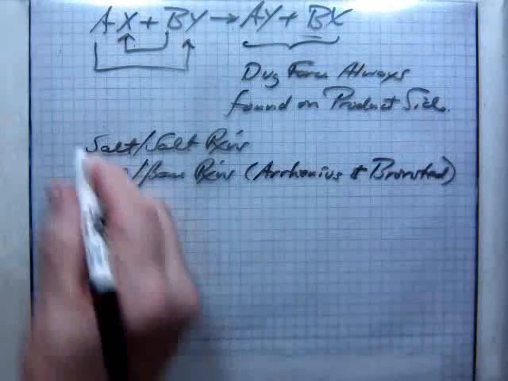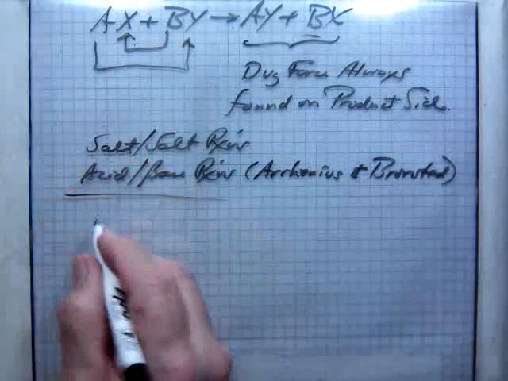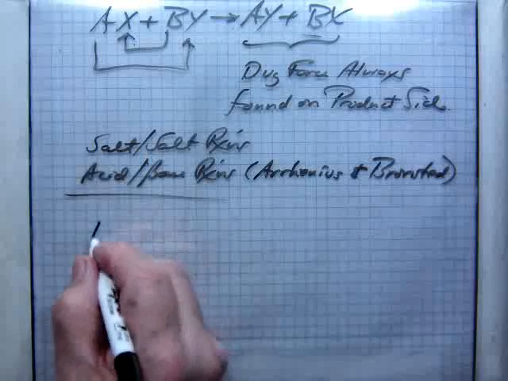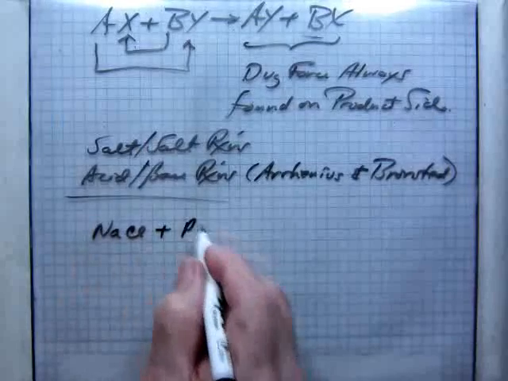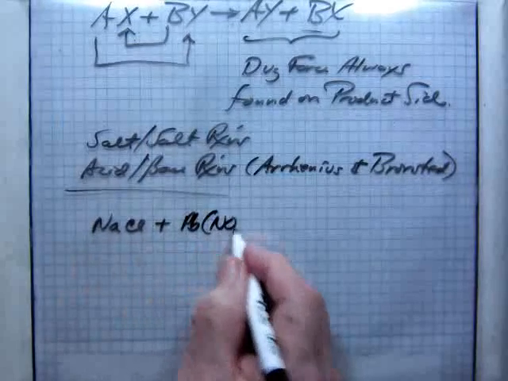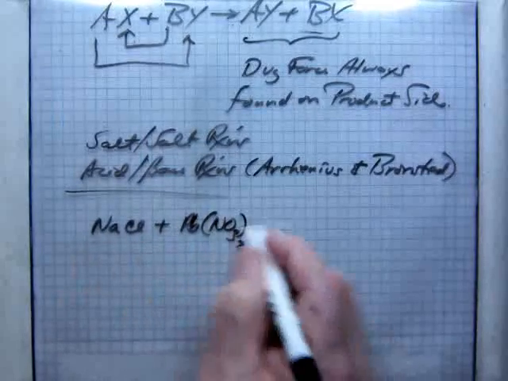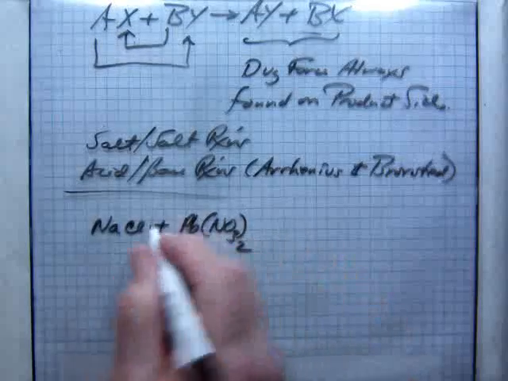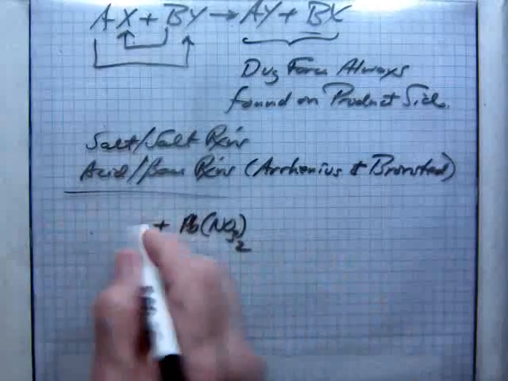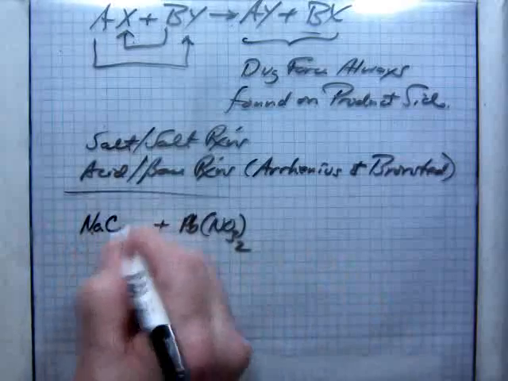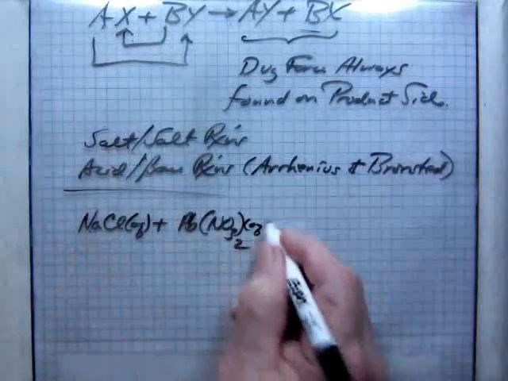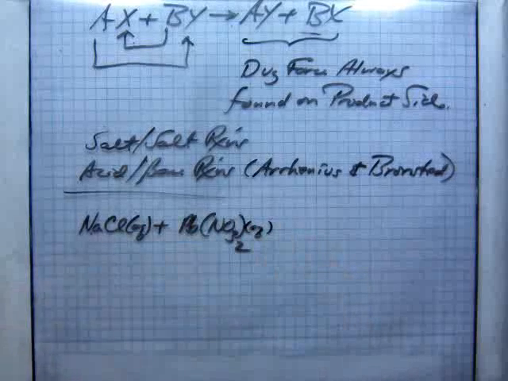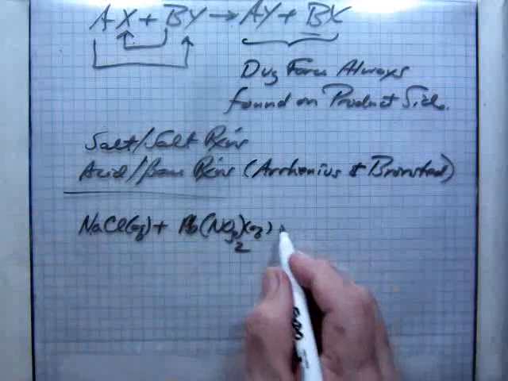If I took, for example, sodium chloride and lead nitrate, like this, in aqueous medium, I should put my terms in. You'll find these are typically in aqueous media when you apply them.